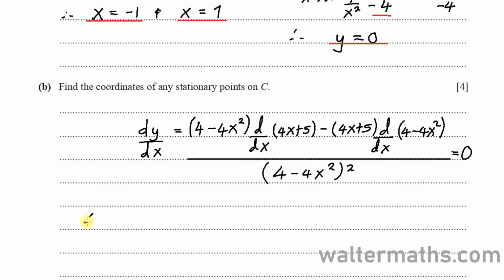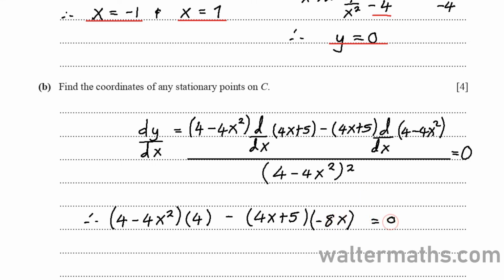So therefore, after multiplying both sides by the denominator, we'll be having on the numerator, simplifying it, (4 - 4x²) times, differentiating 4x + 5, we get 4. And it's minus (4x + 5), and differentiating 4 - 4x², we get minus 8x. So that's equal to 0.